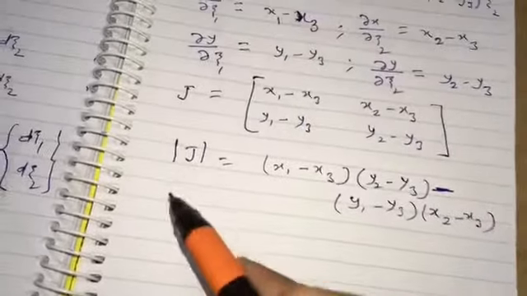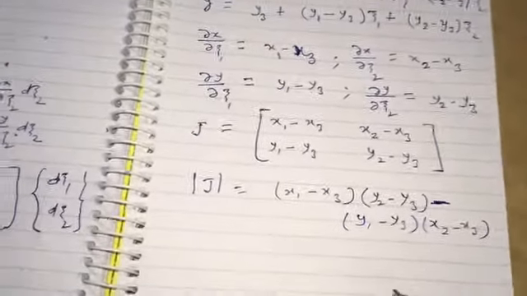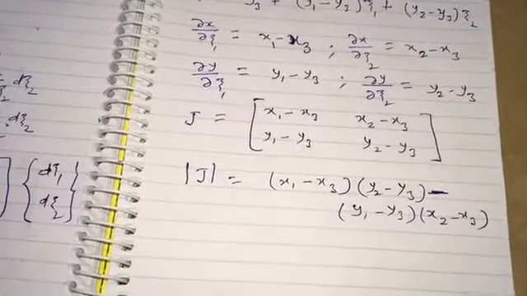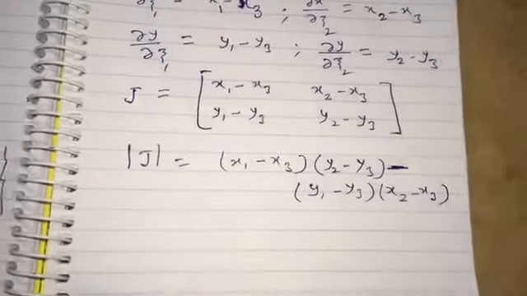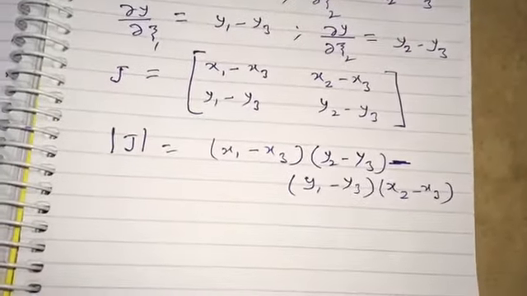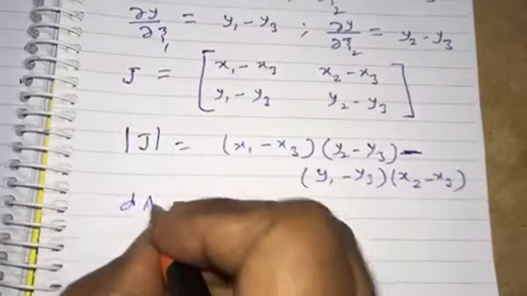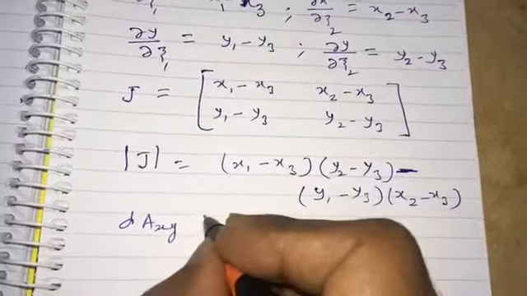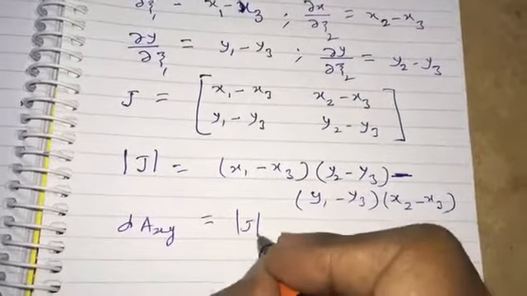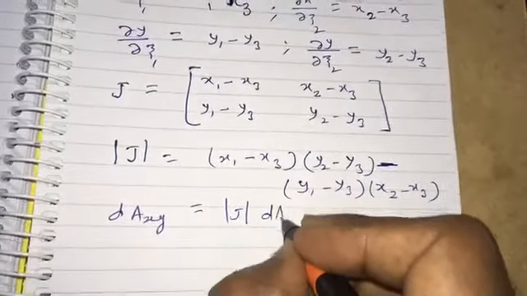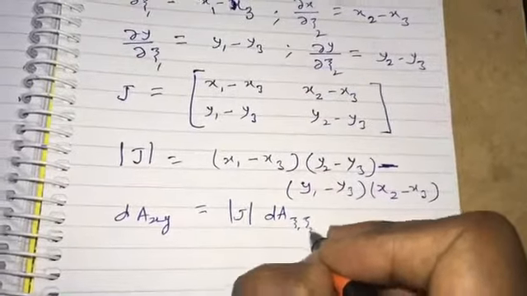So this is the determinant of J. Note that the determinant of the Jacobian matrix here is a constant. So writing dA xy is equal to determinant of J times dA xi1 xi2.